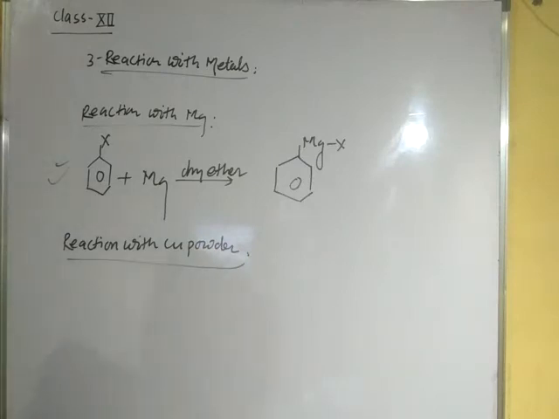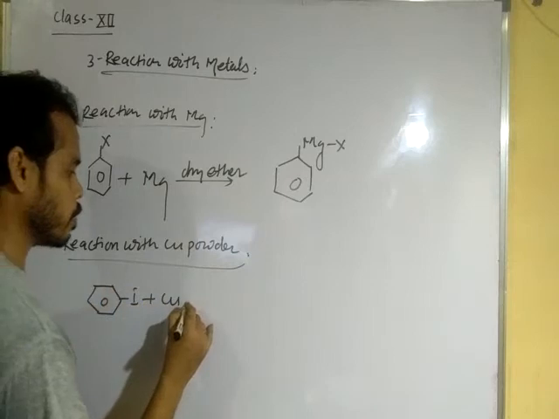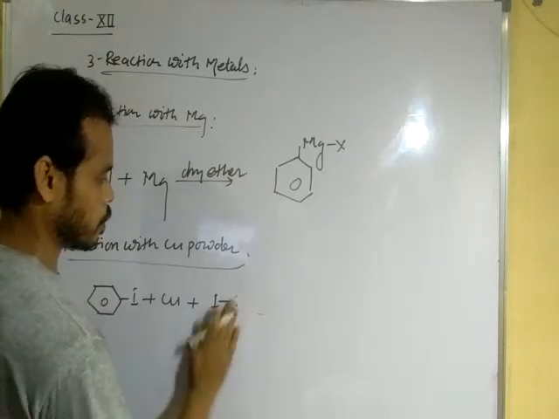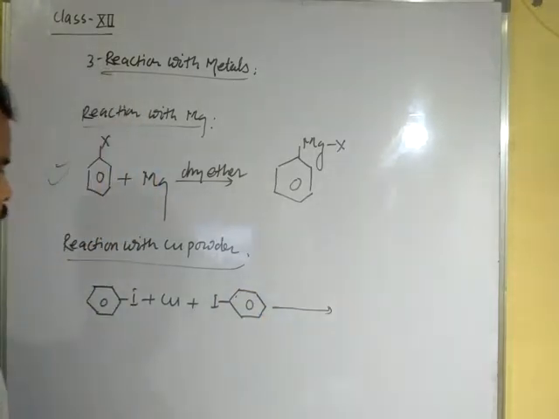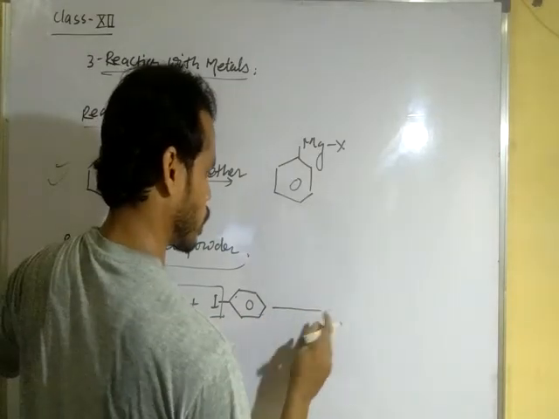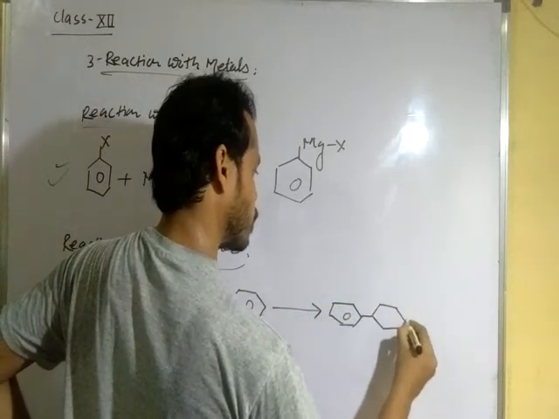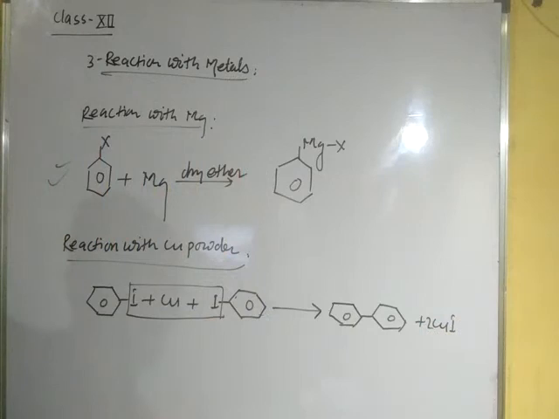In this reaction, iodobenzene is treated with copper powder to form diphenyl, and the byproduct is cuprous iodide.